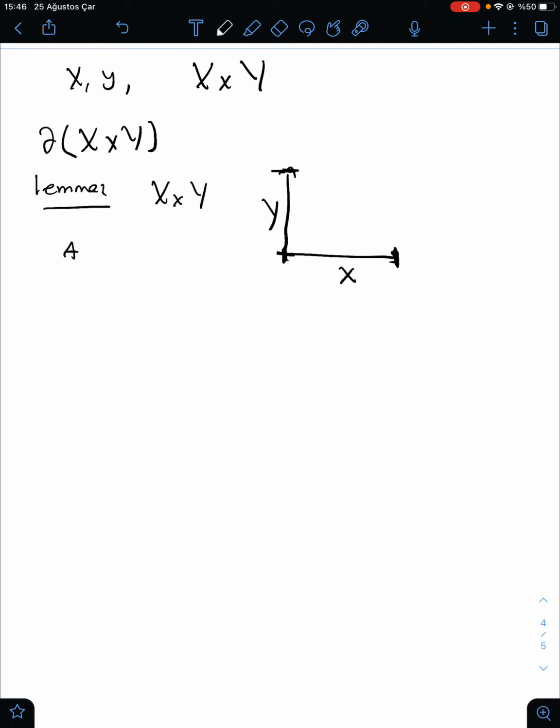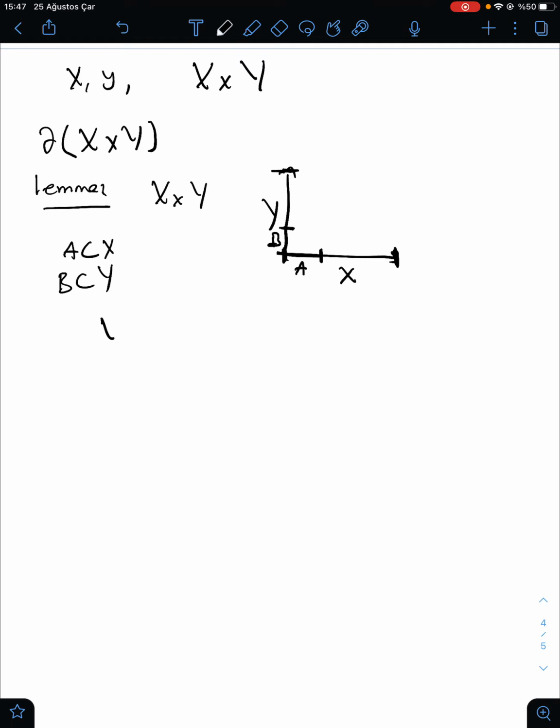Let A be a subset of X, and B a subset of Y. To work in a convenient way, we take A from there to there and B from there to there, right?